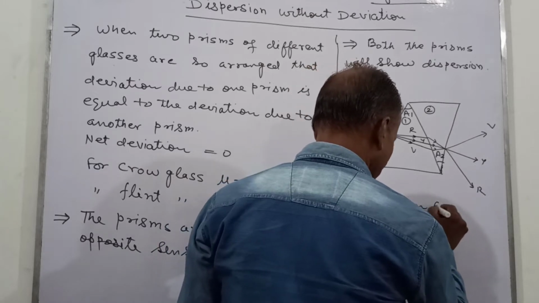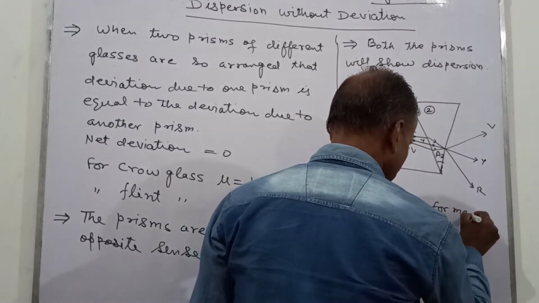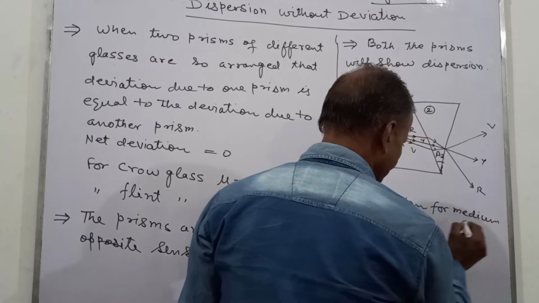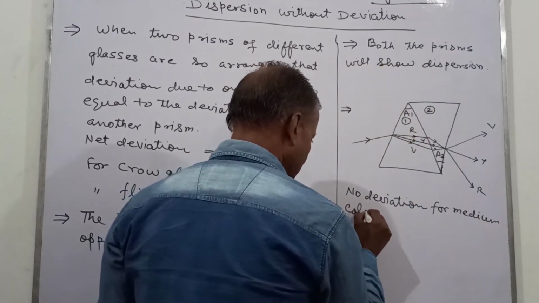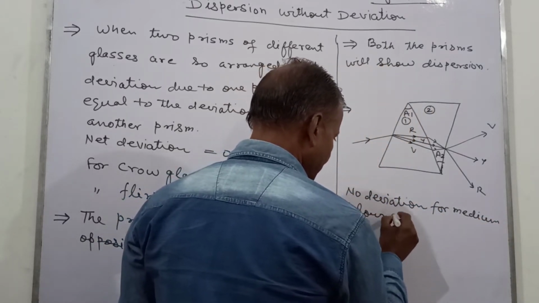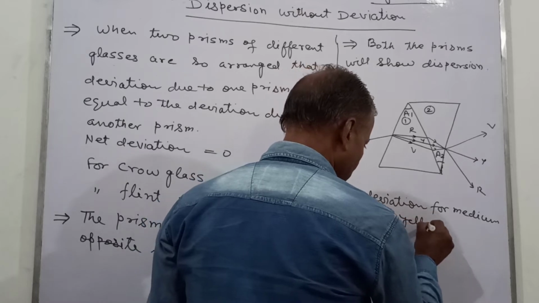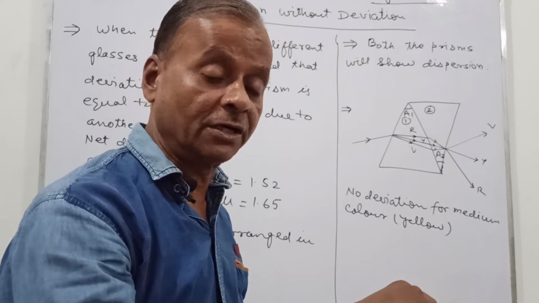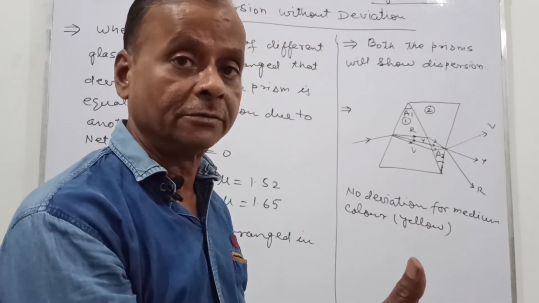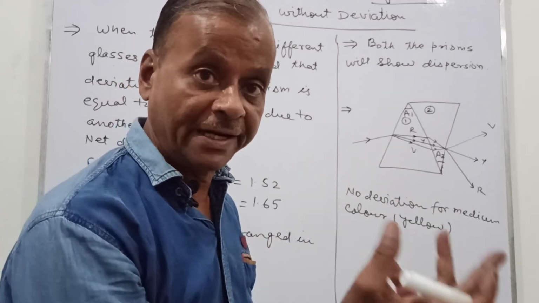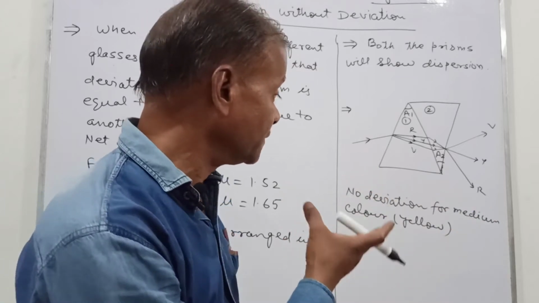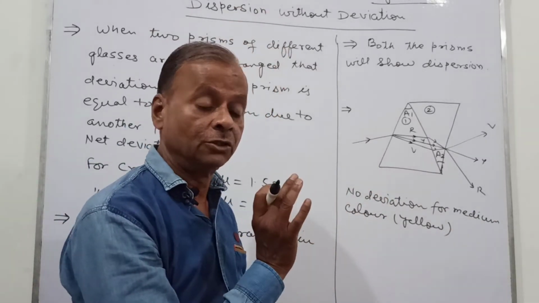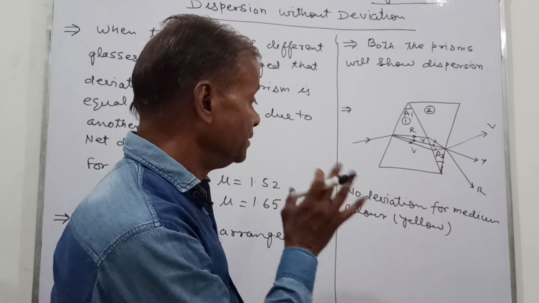No deviation for medium color. Medium color means yellow color. So the refractive index of the yellow color is the arithmetic mean of the violet color and red color. Because of that, it is taken as the medium color. So there is no deviation for this yellow color.